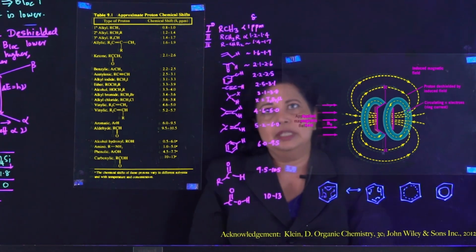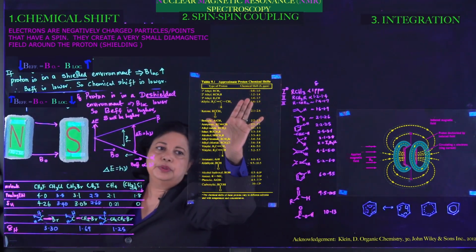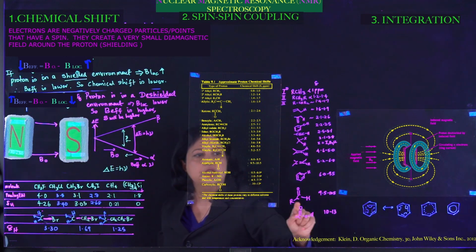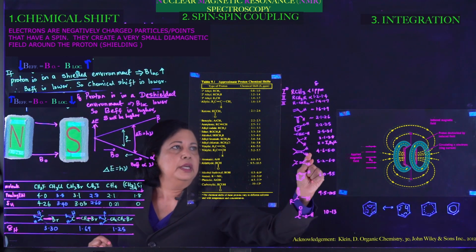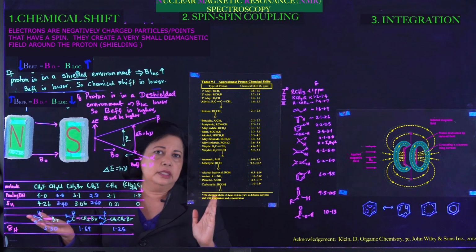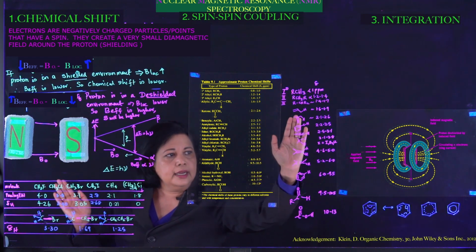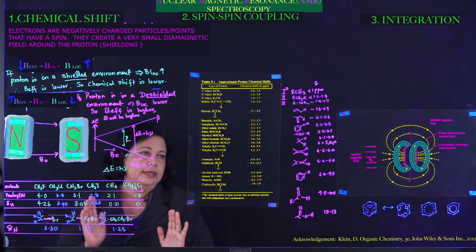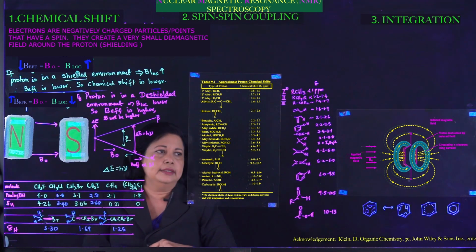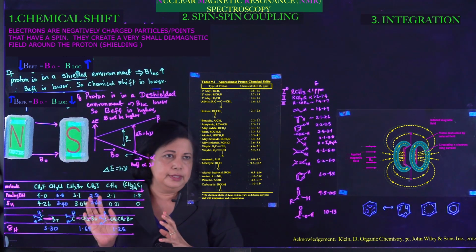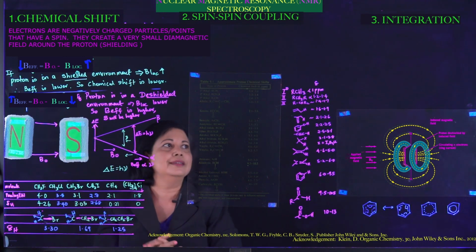So this is a very important chart, and I hope you know that you would always use this. So just by looking at these numbers, you can to some extent guess what the functional group is. So if you don't have an infrared, this is kind of an invisible tool there that can be used to find out neighboring groups and functional groups.